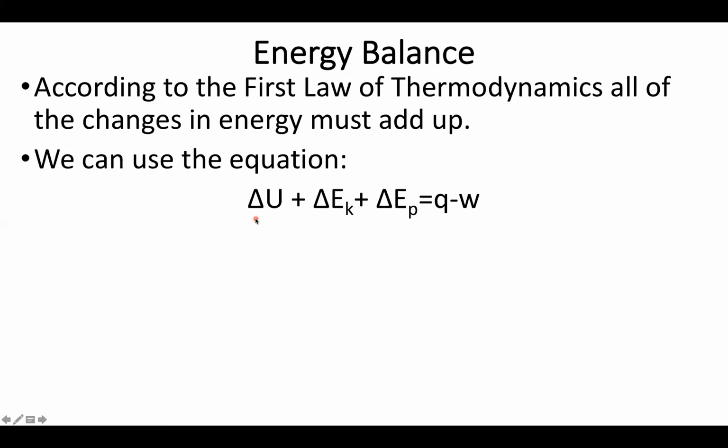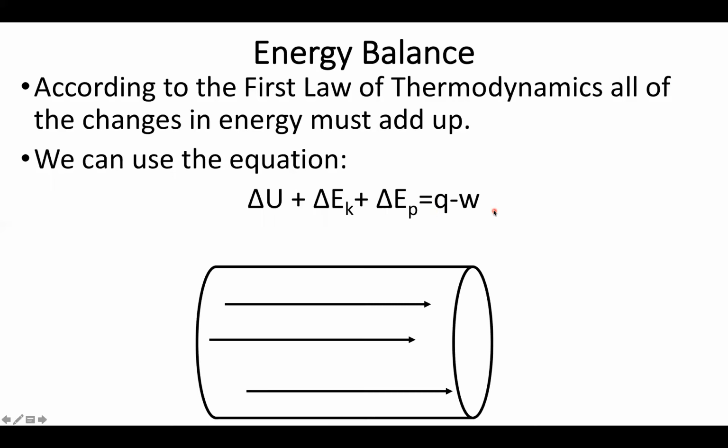So any change in the internal energy, the kinetic energy or the potential energy, so this is energy in the system, has to end up equaling the amount of energy entering the system through work or heat. So if I have an increase in energy in the system, it will either be indicated by bonds, movement, or some sort of change with regard to a potential field. And energy will typically enter or leave the system by work or heat.